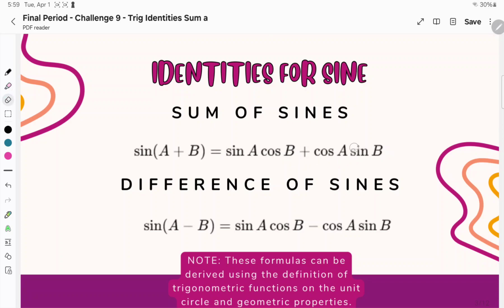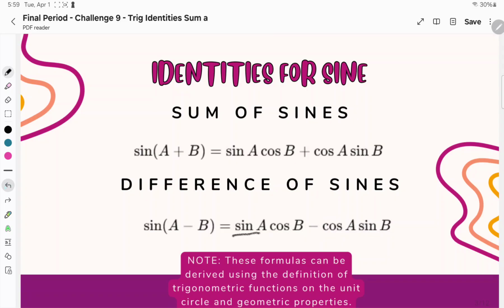And something similar is gonna happen when we have a difference of two angles, right? The sine of the difference of two angles. We're gonna have sine of a times cosine of b minus cosine of a times sine of b.